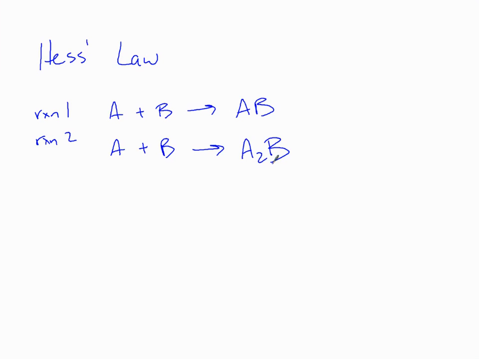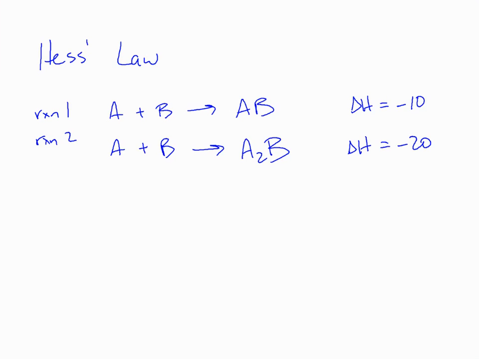I don't know, I'm making this up. And so you've got maybe a delta H here where it's negative 10, and maybe your delta H here is, let's say, negative 20. Again, I'm making all this stuff up.